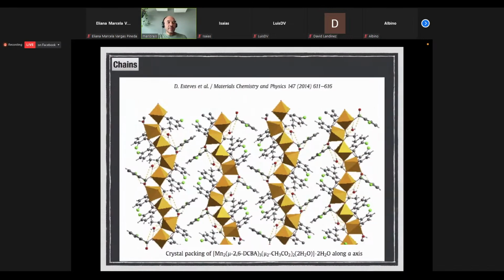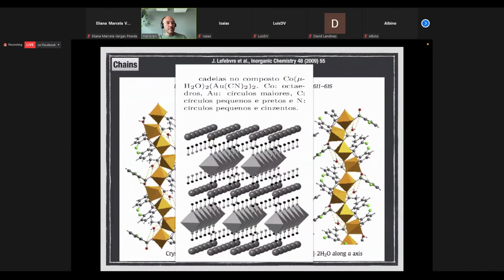Here is a chain inside this octahedra. We have a manganese. You have a zigzag chain of manganese. It's a true realization of a one-dimensional chain. Here is another example. Here, inside this octahedra, it's a linear chain, not a zigzag as in the previous case. That's here on the back. For this case, it's a cobalt chain.